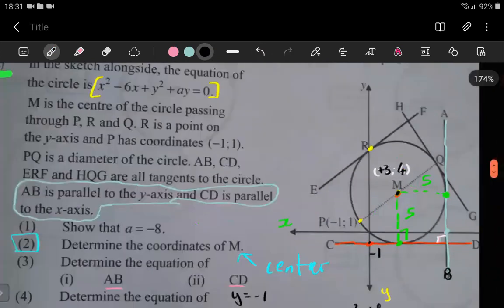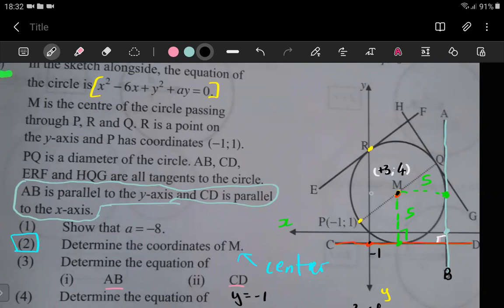So what can we do to get AB? Can't it be something with a 3? Definitely, because the x value here is 3, and this is just 5 units. 5 plus 3, 8.